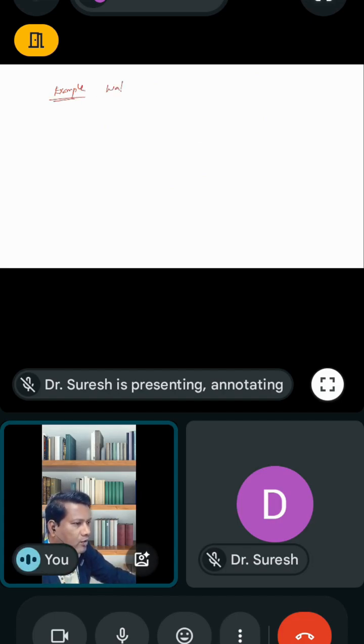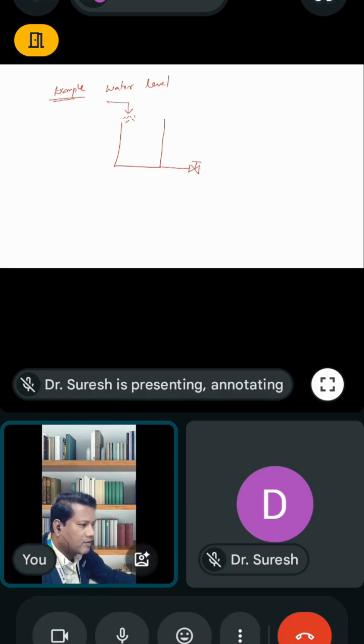Water level control. Consider a tank. Assume this is the input flow, and on the output side there is a valve for the outflow, and this is the inflow to the tank.